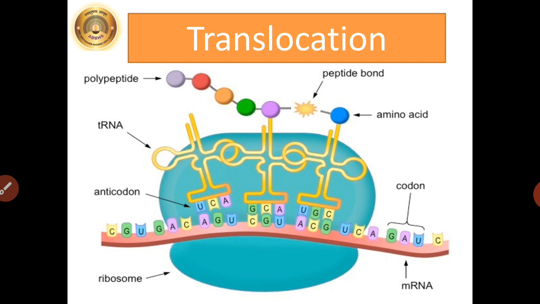So here, as you can see, the ribosome has been shown in purple color. This ribosome is moving from one end of the RNA to the other end, and during that process the information is transferred from mRNA to tRNA and from tRNA to the amino acids.